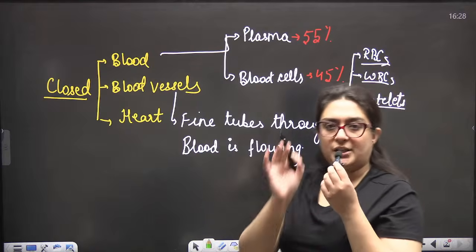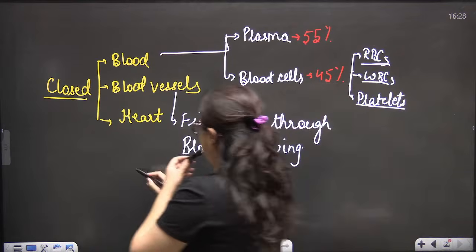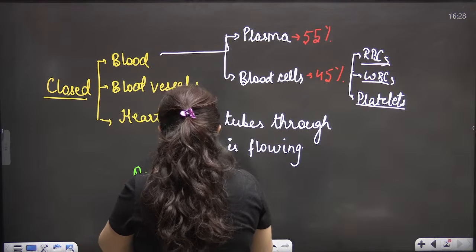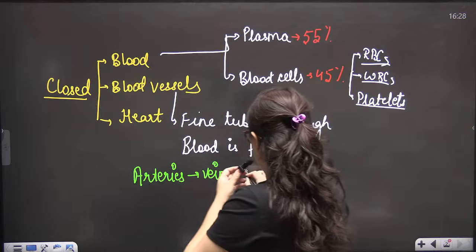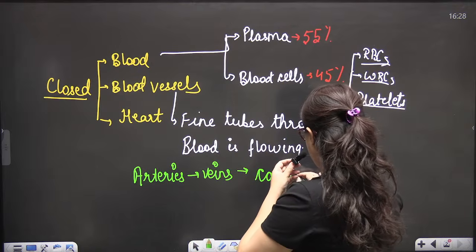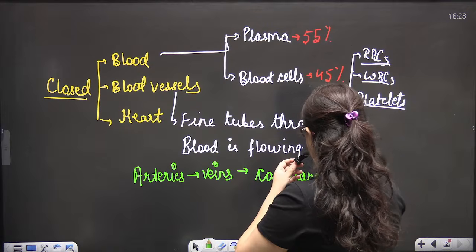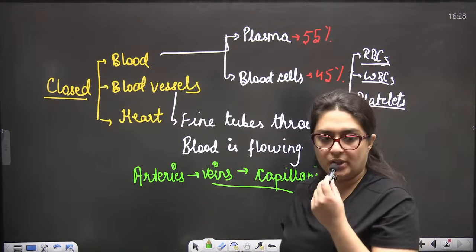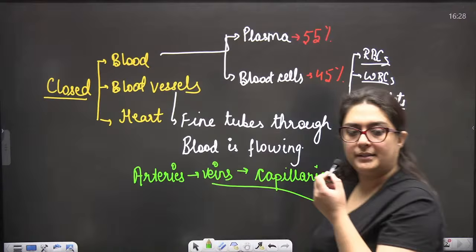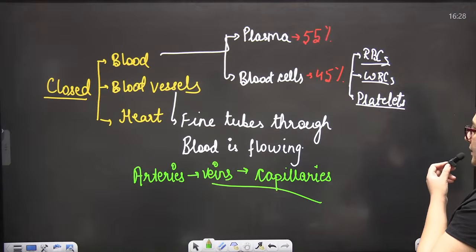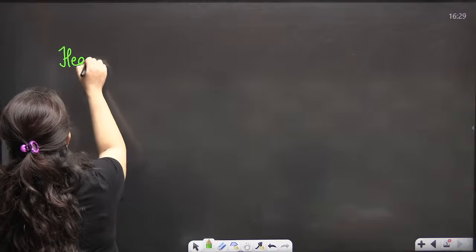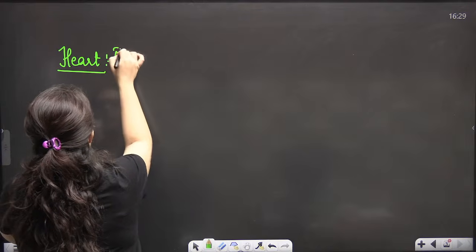These tubes can be arteries, veins, and capillaries. Is it clear? Now, the third is the heart, the pumping organ. Heart is our pumping organ.